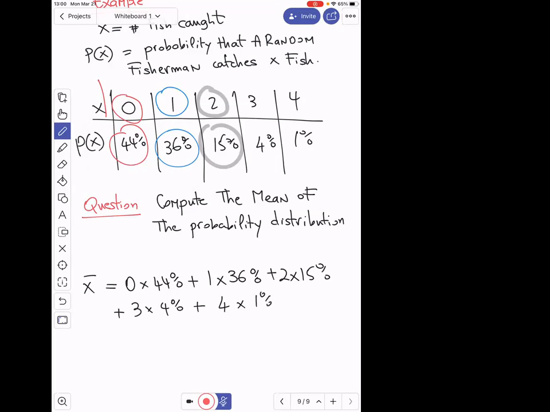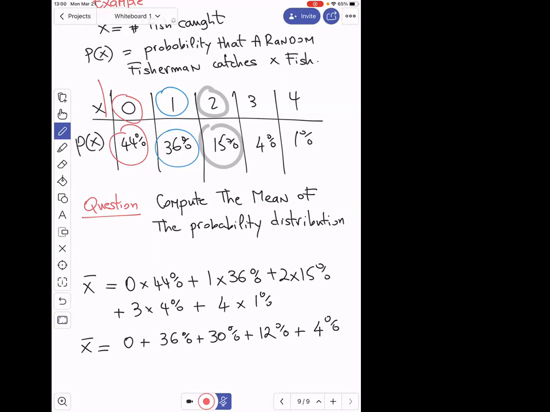Then X bar is equal to, we do multiplication first: 0 times 44% is just 0, plus 1 times 36%, which is 36%, plus 2 times 15%, which is 30%, plus 3 times 4%, which is 12%, plus 4 times 1%, that's 4%.